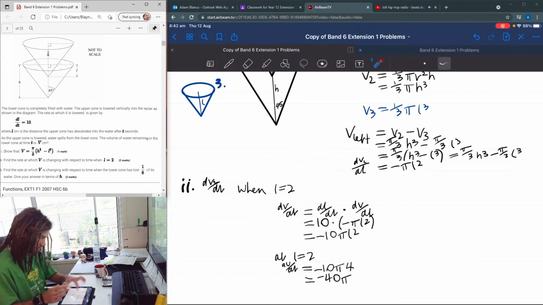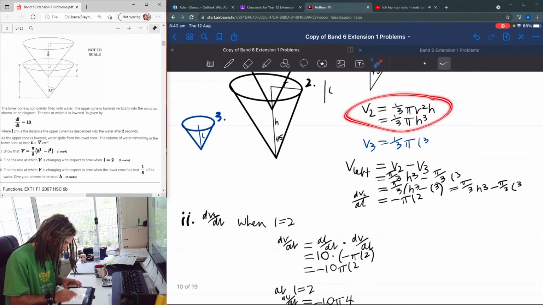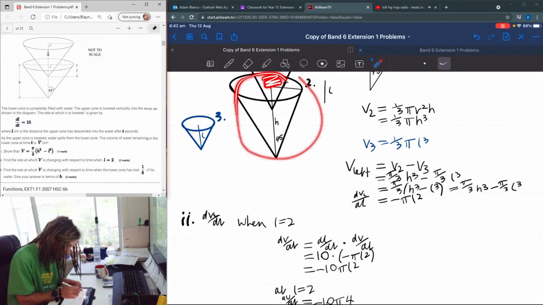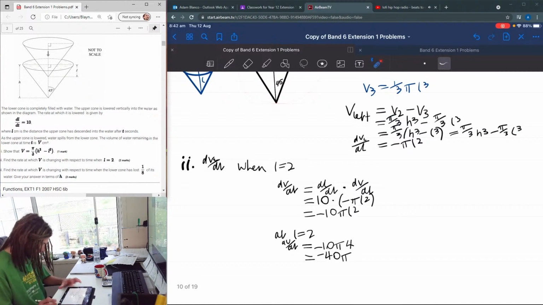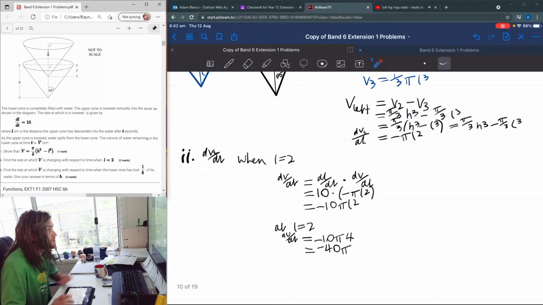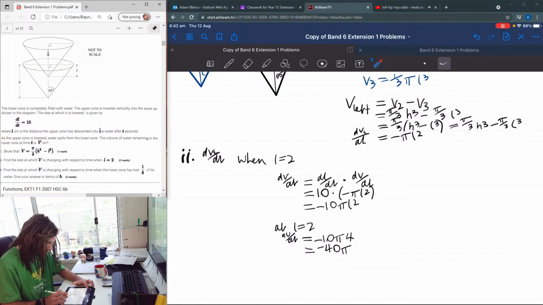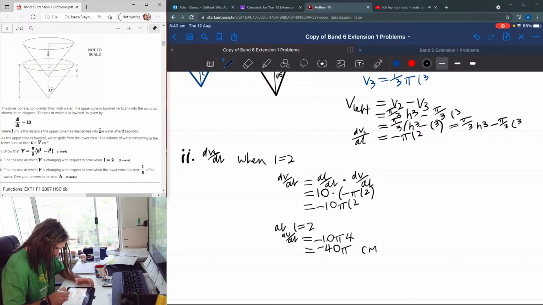So that was my mistake, I thought I was talking about this cone, whereas actually I'm talking about this cone take away the part that's being submerged. What are my units? Centimeters cubed per second.